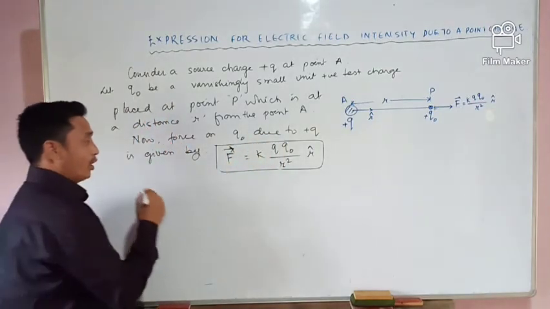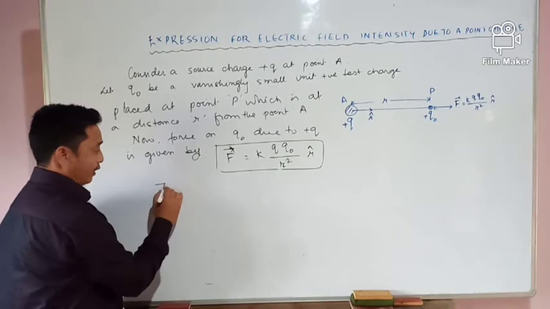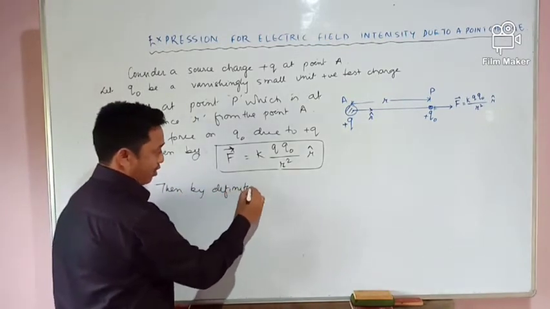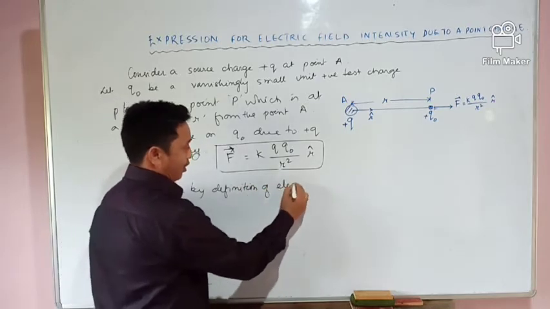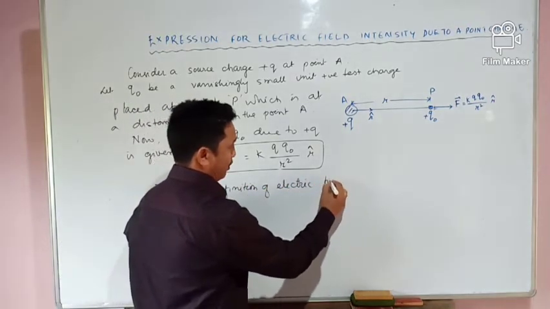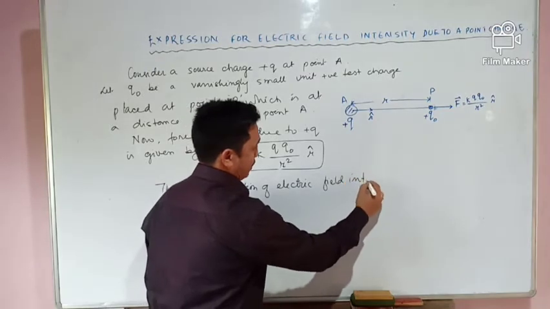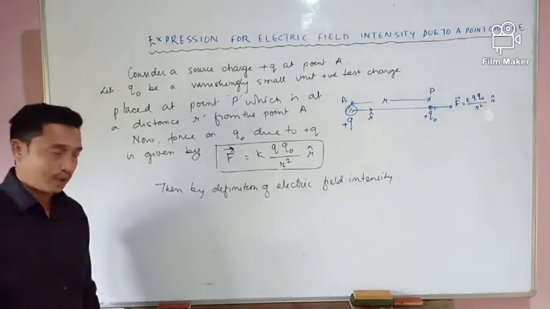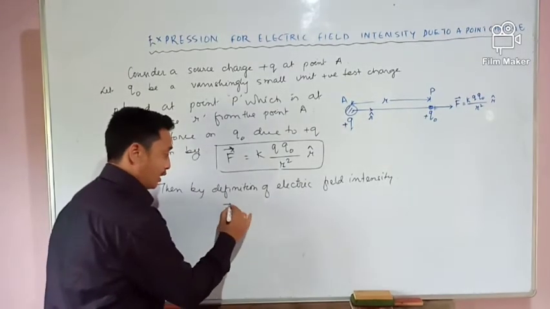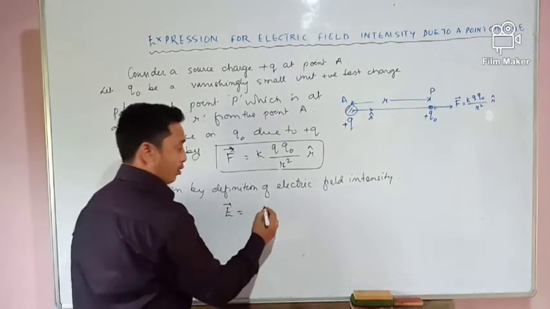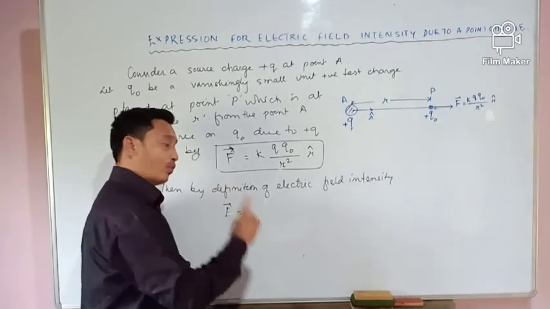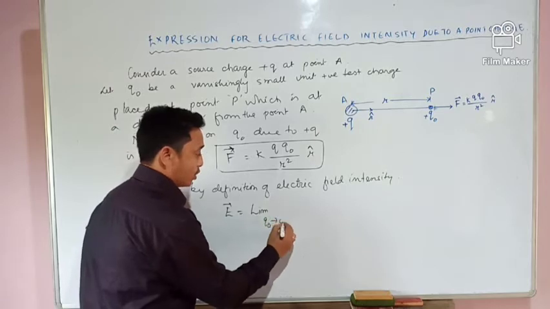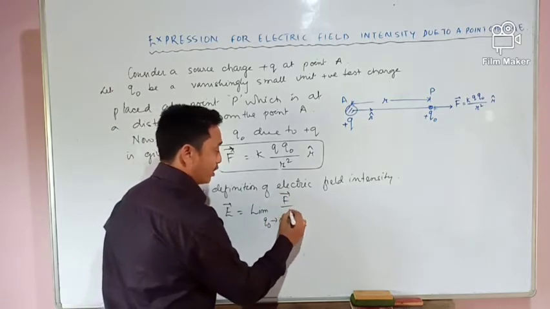Now, by the definition of electric field intensity, it is defined as the force experienced per unit test charge. So limit of Q naught tends to 0 of F by Q naught.